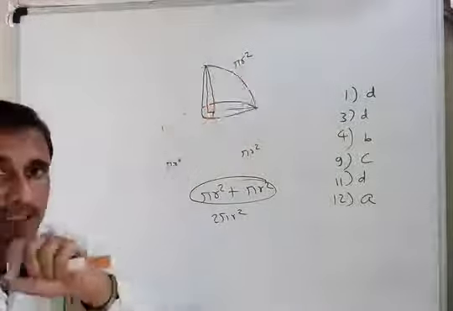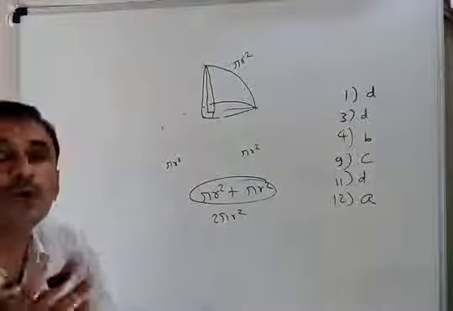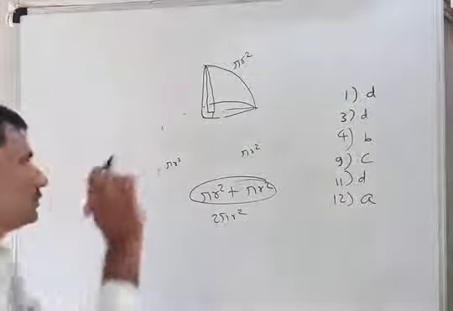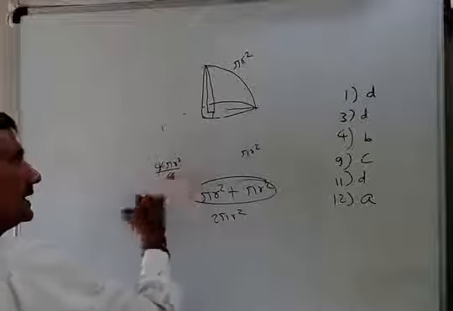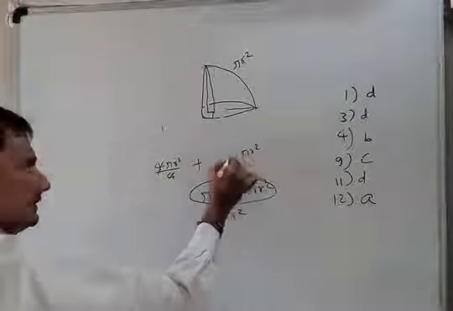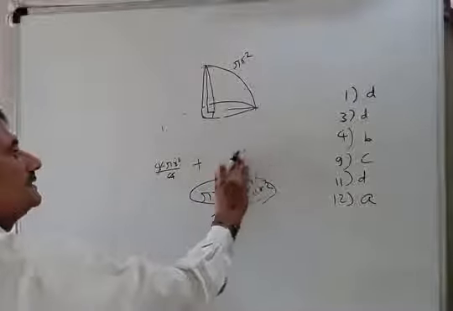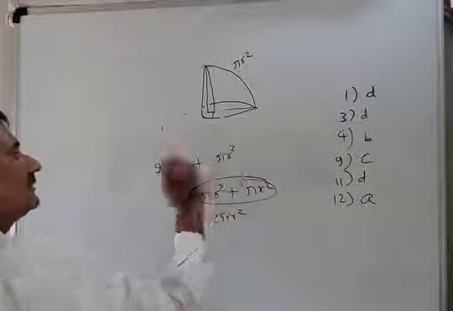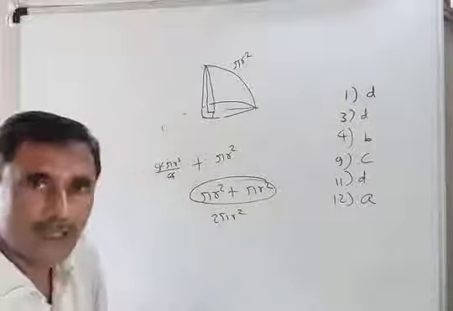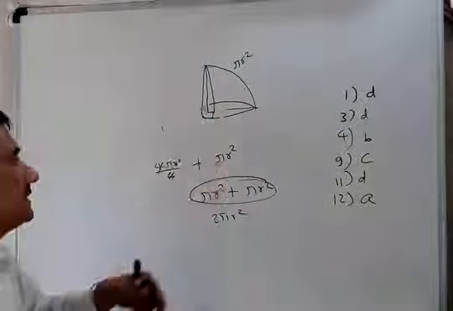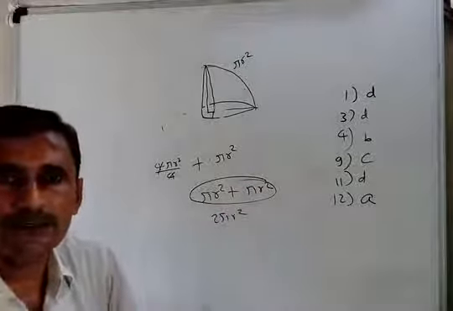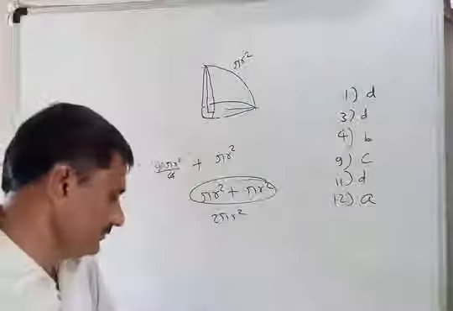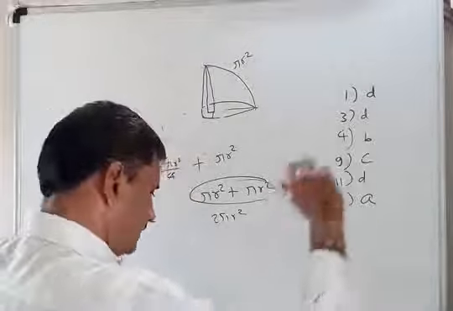Now the curved surface area is pi r square. Why? Fourth part of 4 pi r square. So 4 pi r square upon 4 means pi r square plus 2 semicircle. 2 semicircle equal to 1 circle. So pi r square plus pi r square, 2 pi r square. So the answer is 2 pi r square.